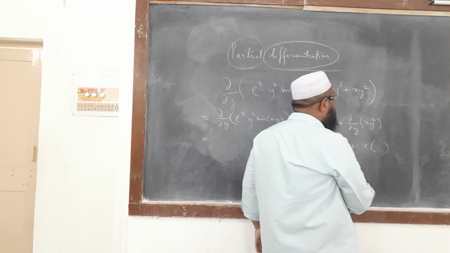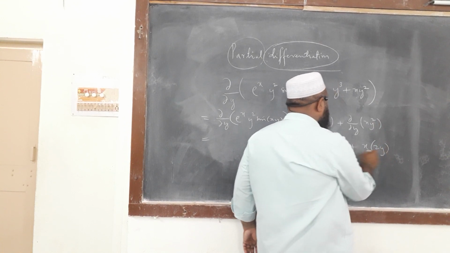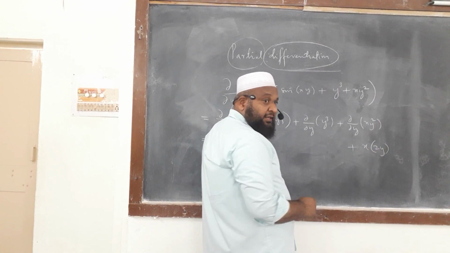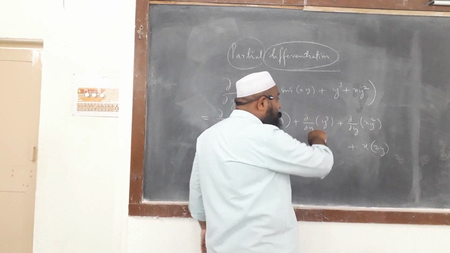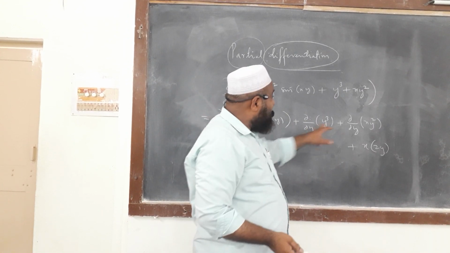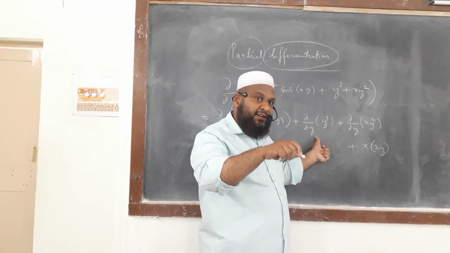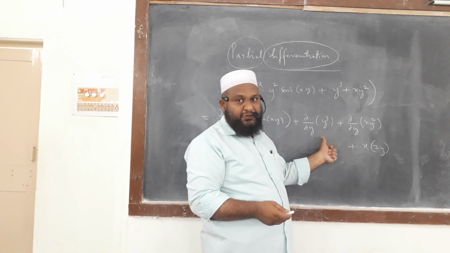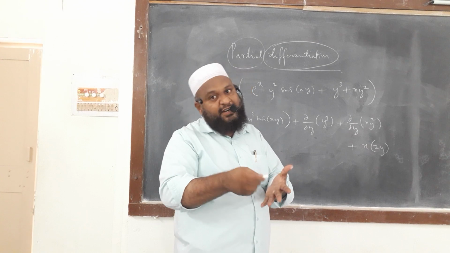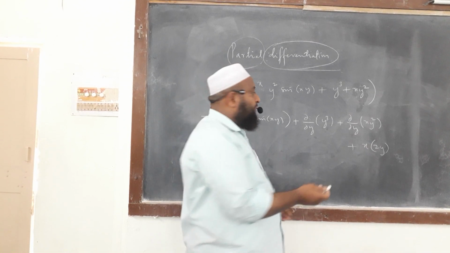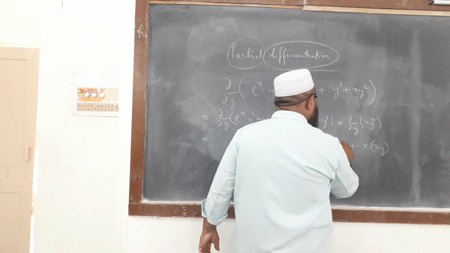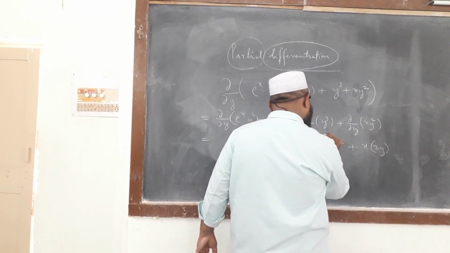And we have 2y for this one. What about this one? It is dou by dou y or d by dy. That is the same because only one variable is involved. Y is variable, and of course y is variable here getting used. So whether you say dou by dou y or d by dy, one and the same. So it will be nothing but 3y square plus.